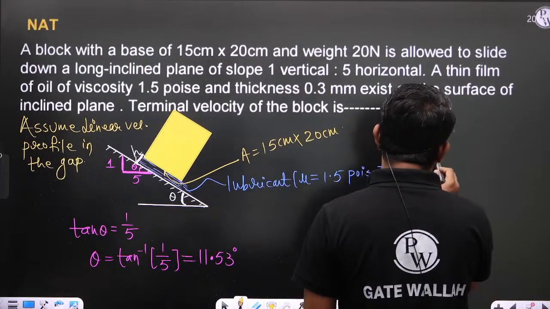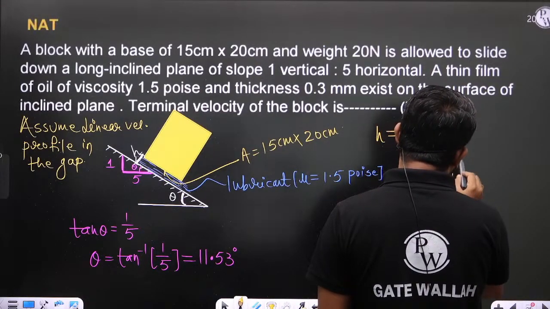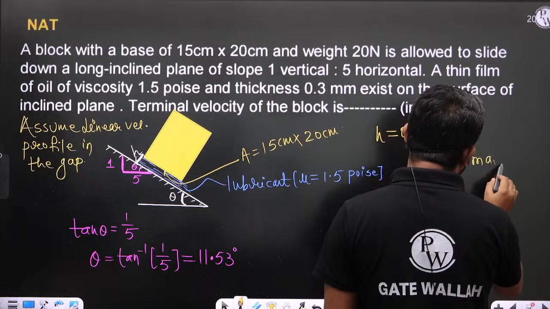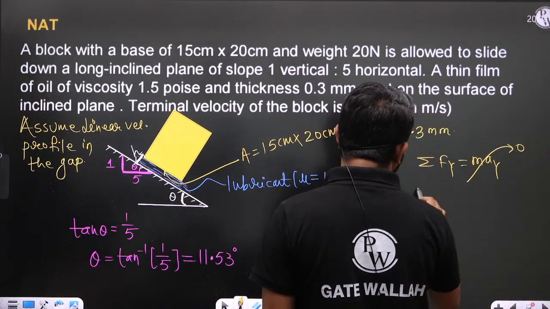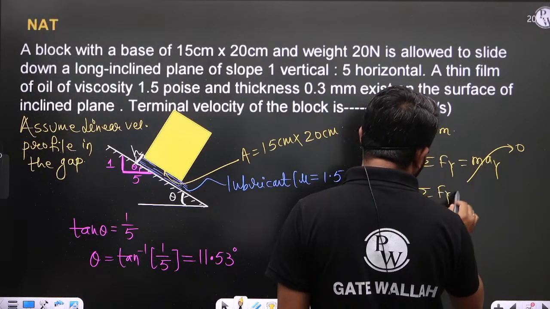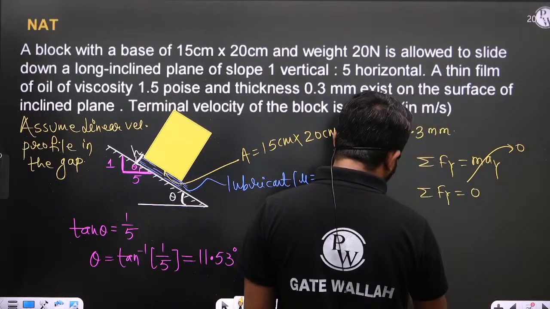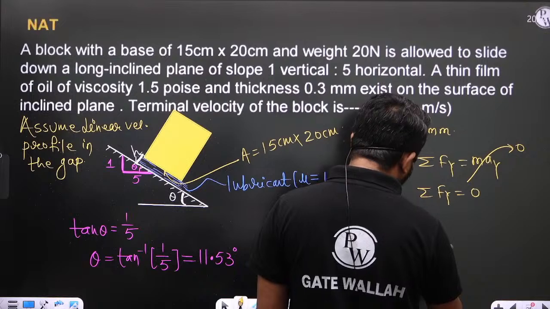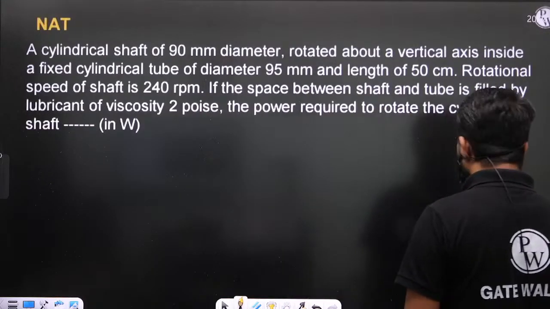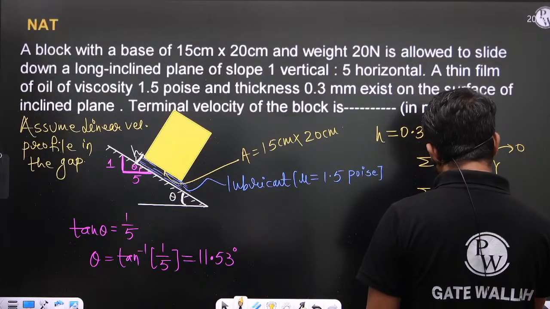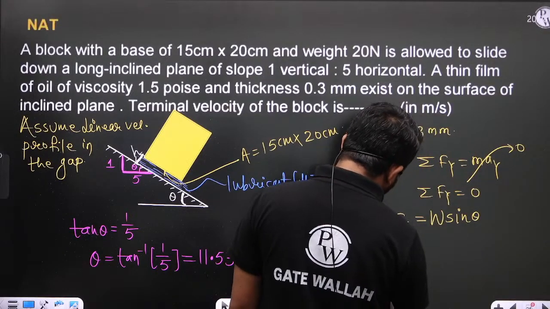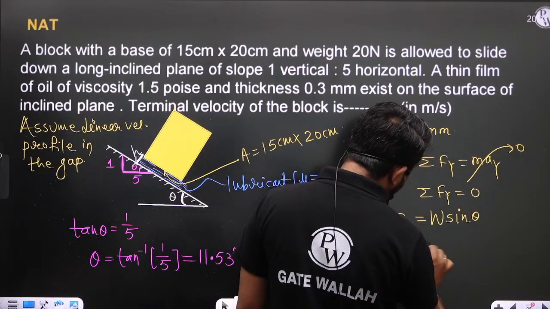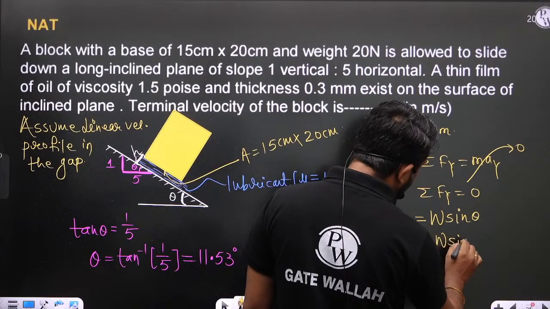So simply you can write summation Fy equal to M Ay, and corresponding to terminal velocity the acceleration is 0, so summation Fy equal to 0. So Fs is equal to W sine theta.